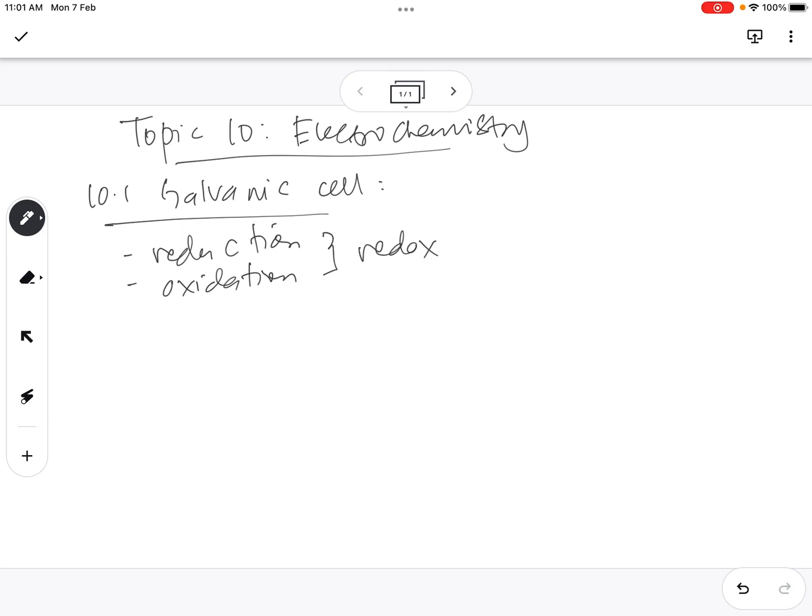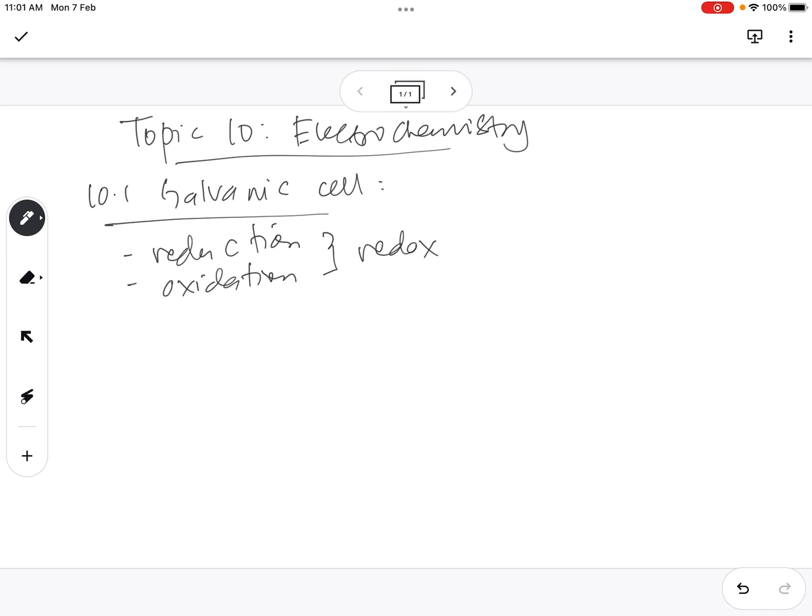So if you remember, reduction occurs when a substance gains electron, while oxidation occurs when substance loses electron. And another indication is that for reduction, the oxidation number will decrease, while for oxidation, the oxidation number will increase.